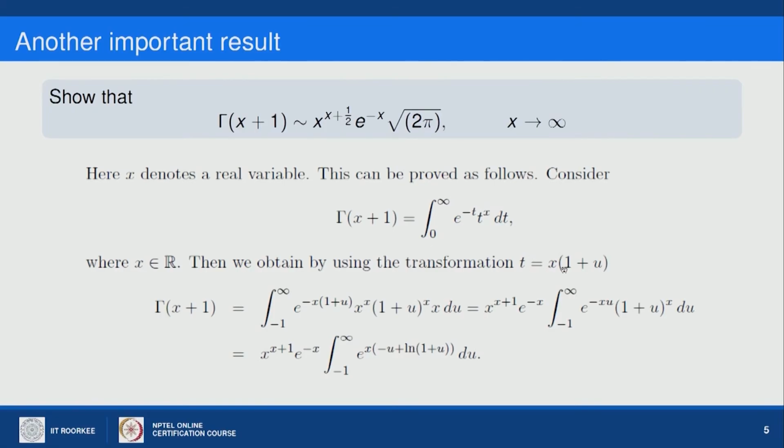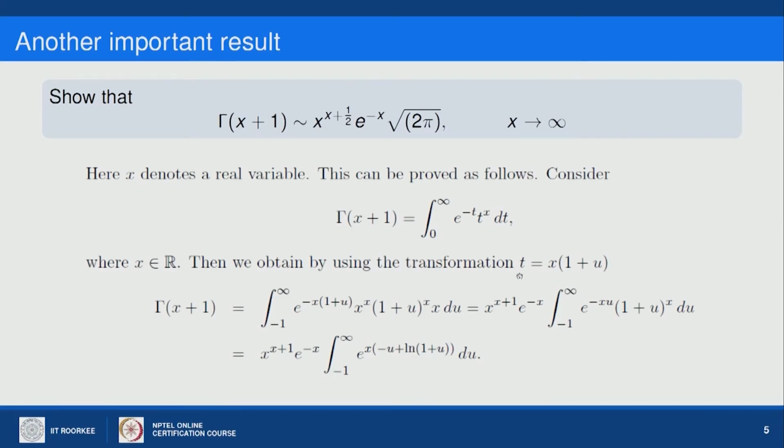So, t is x times 1 plus u, so e raised to power minus x into 1 plus u, and then t raised to power x means x raised to power x into 1 plus u raised to power x, and then dt will become x times du. So, this x is coming due to dt.